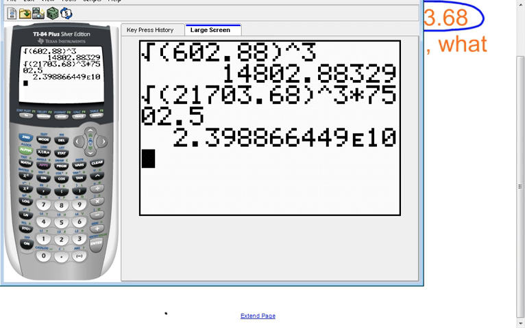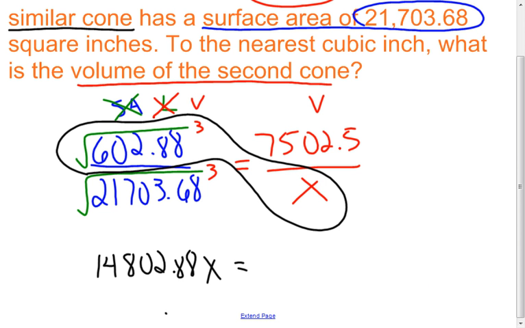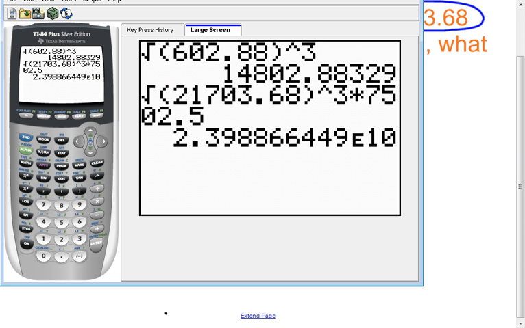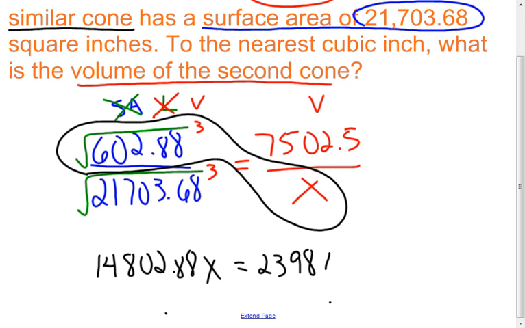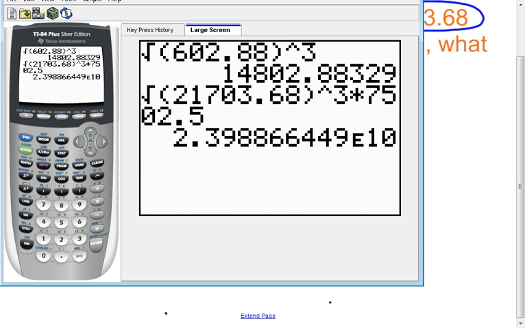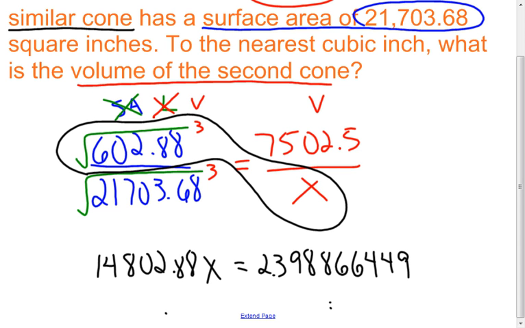So I have 2398, 8664, and I think 49. Yes, that was all of them. And then the decimal point was here, so if I move it over 1, 2, 3, 4, 5, 6, 7, 8, 9, and 10, I need one more zero there.